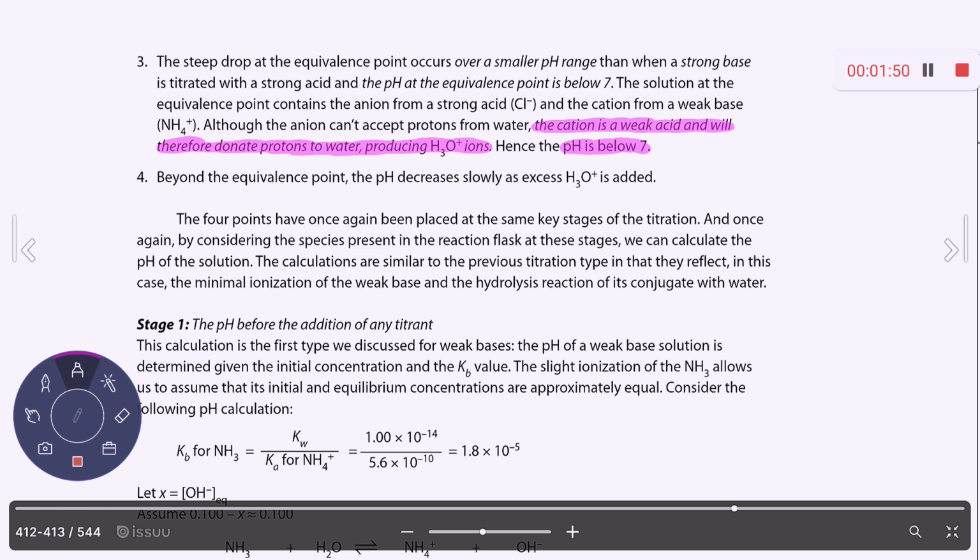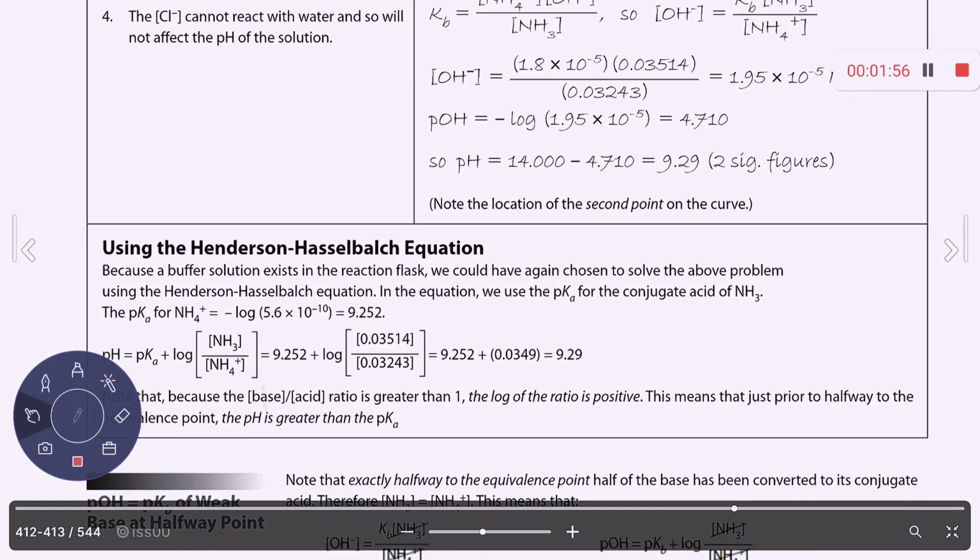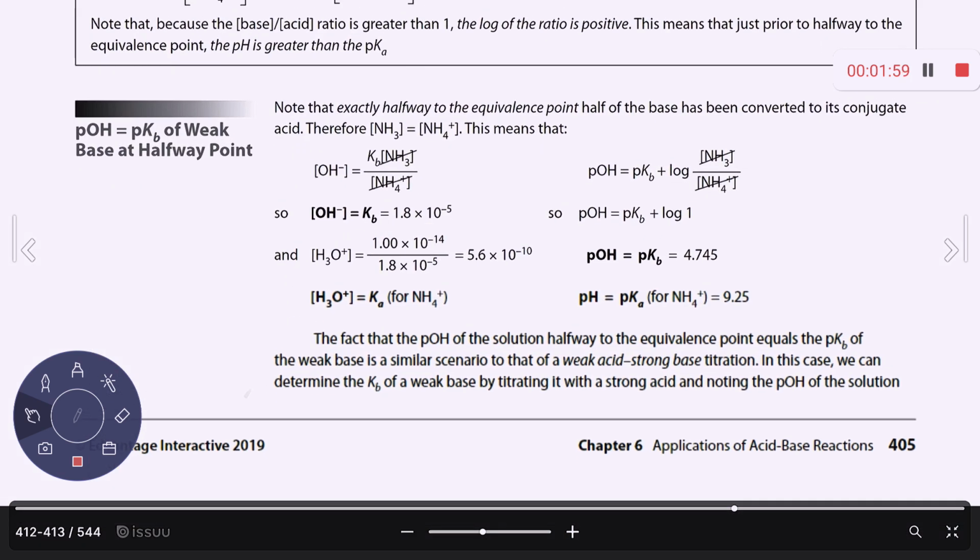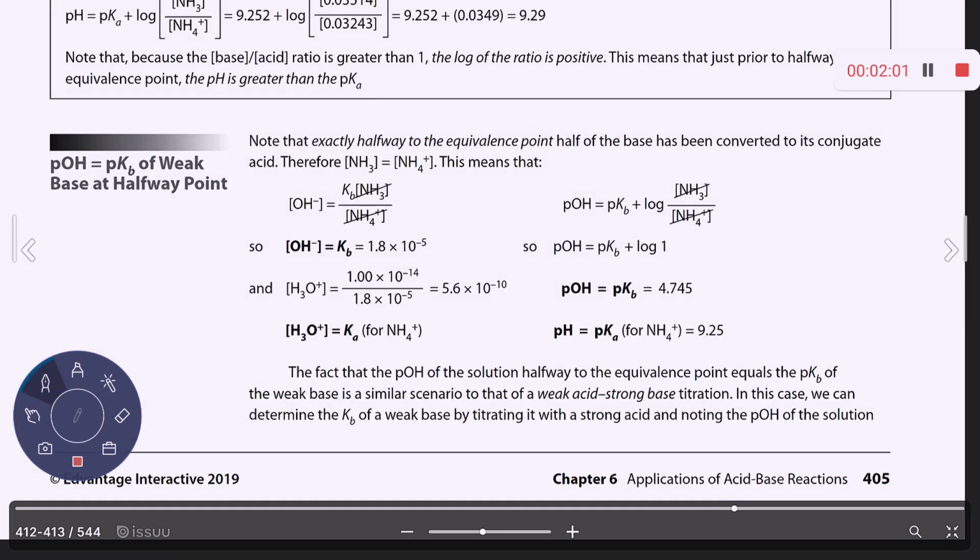Take a look at the next page. All right, the pOH equals the pKb of a weak base at the halfway point.